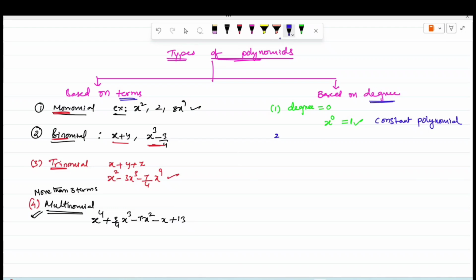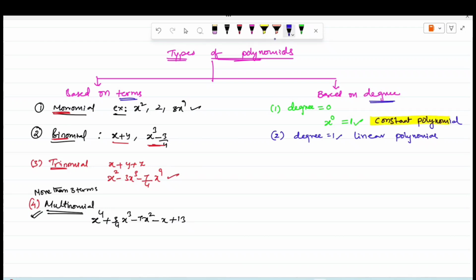And next, if degree is 1, it's called a linear polynomial. Here you should be aware of the constant polynomial difference.